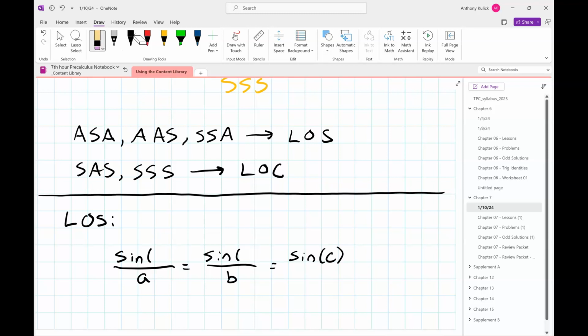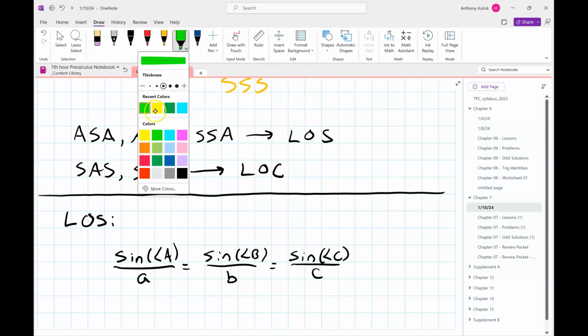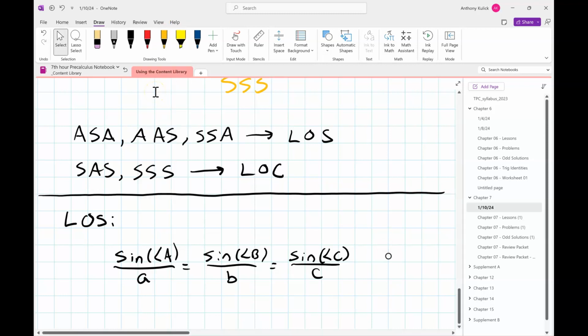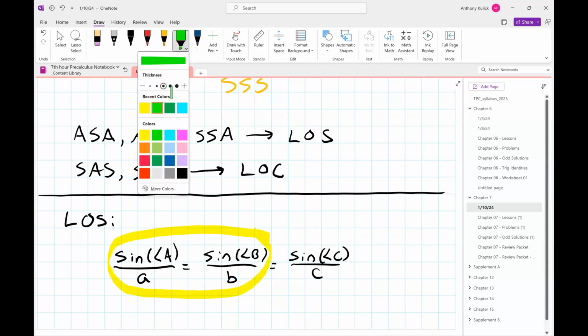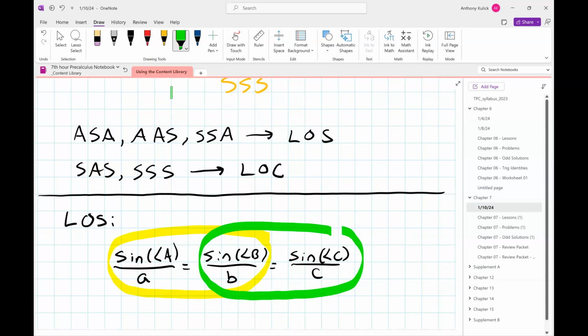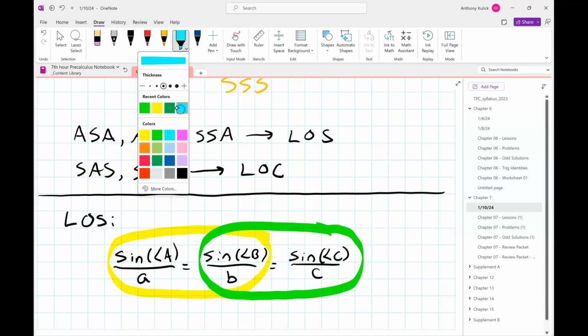Actually, I'm going to write that a little bit differently. So the law of sines here is really 3 formulas. We're just going to write it all as one, though. What the 3 formulas are, you can say that these 2 ratios are equal to each other. You could say these 2 ratios are equal to each other.